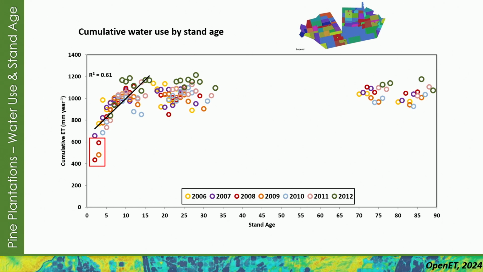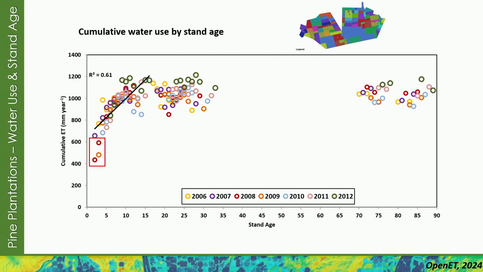So this is just really straightforward to show you the regional water use by stand age. And here I highlight a few of these red points because those are the drought year points.